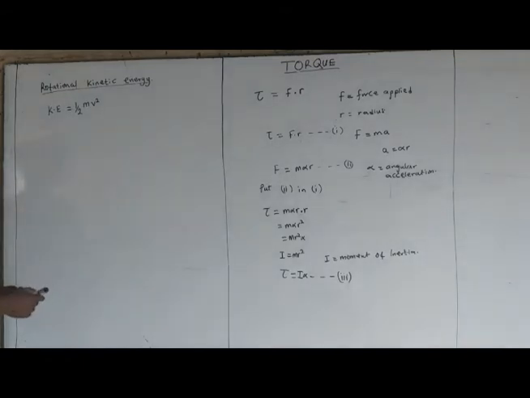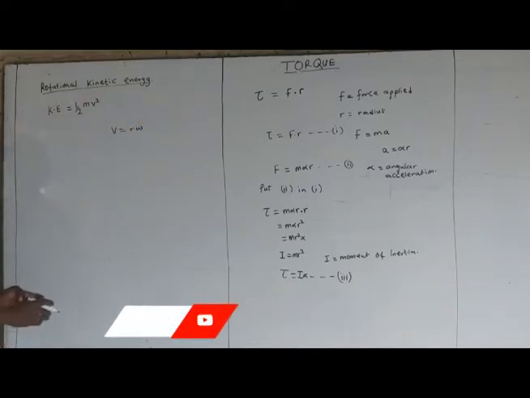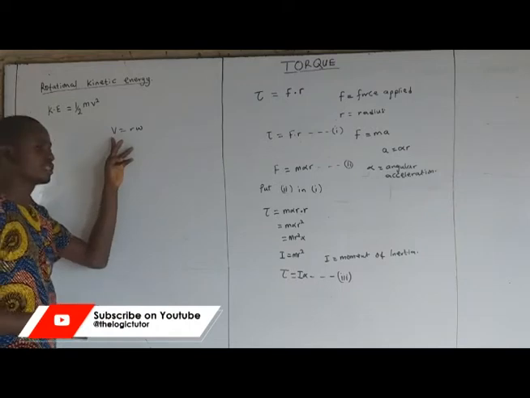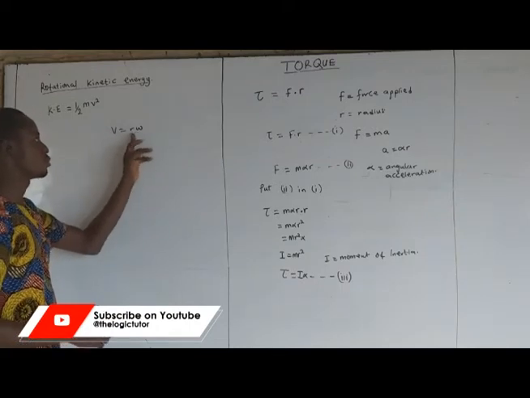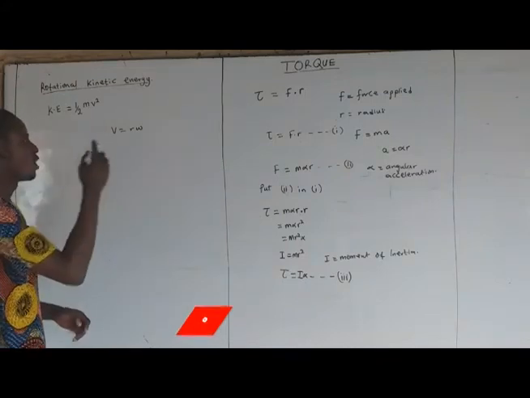So recall that we have v equals r omega, the value of our linear velocity in rotational form, which is the radius times angular frequency or angular velocity.